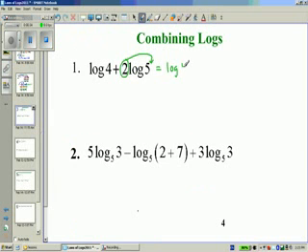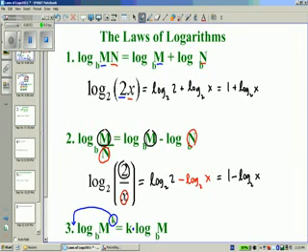So that's going to give me log 4 plus log 5 squared, which is going to be log 4 plus log 25. Well, now I can use rule number 1, which says that when I'm adding two logs, I can put it into one logarithm with the multiplication here.